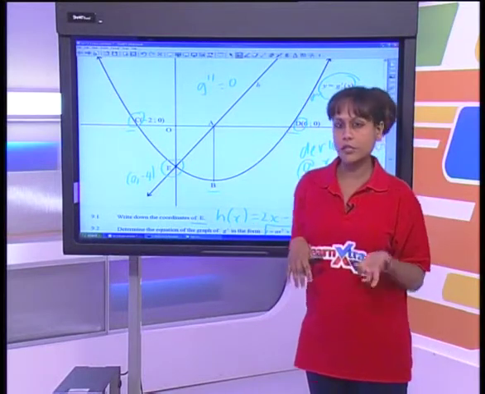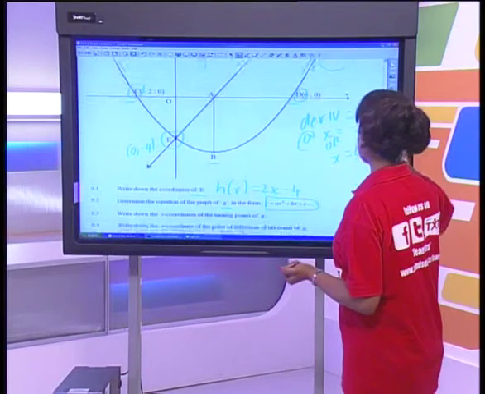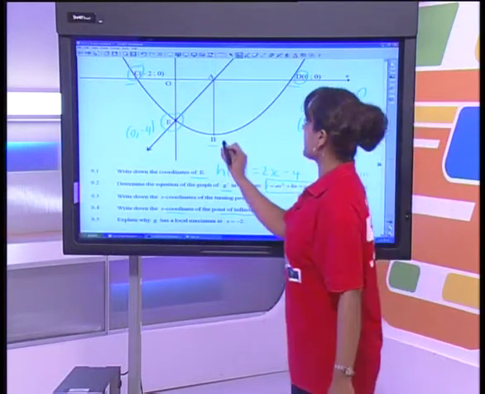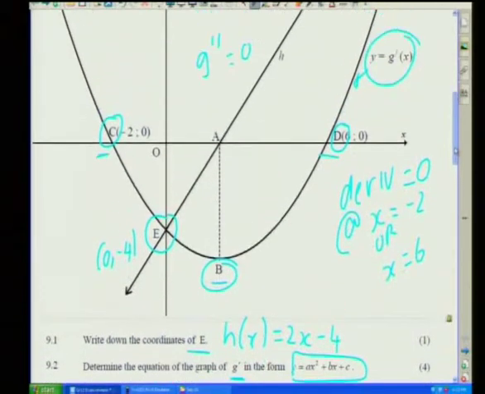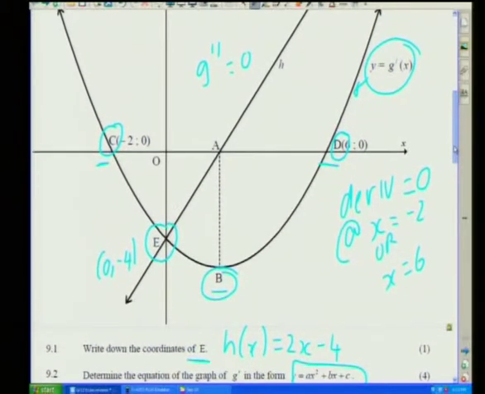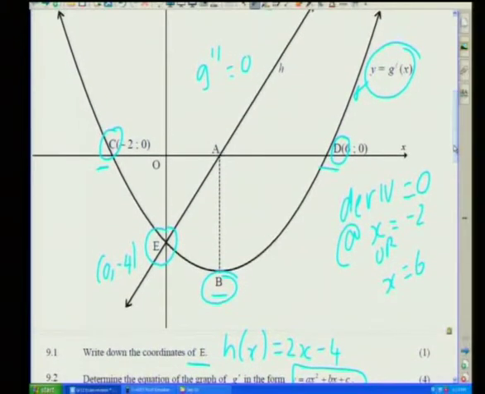At the turning point. So when they're asking me for the point of inflection, they basically want to know the x value at point B, because that is where my second derivative will be naught. It will be at the turning point. If I know the x value at point B, I will know what the x coordinate of the point of inflection of the original graph is.